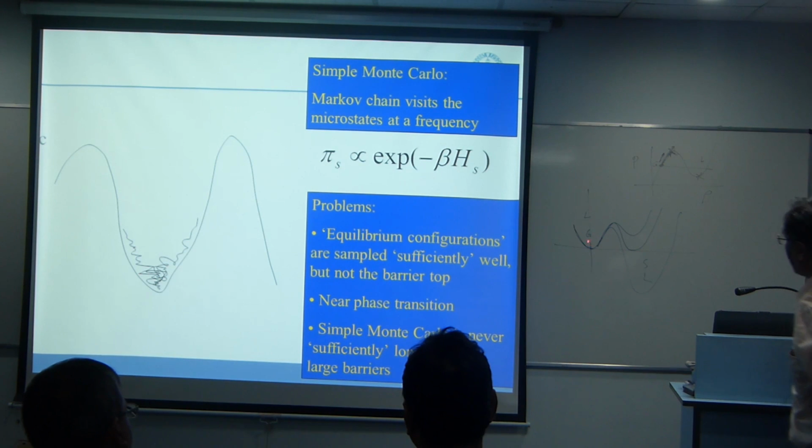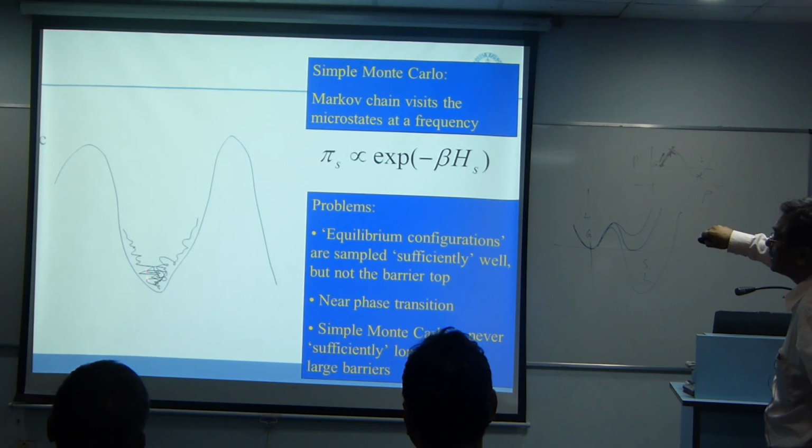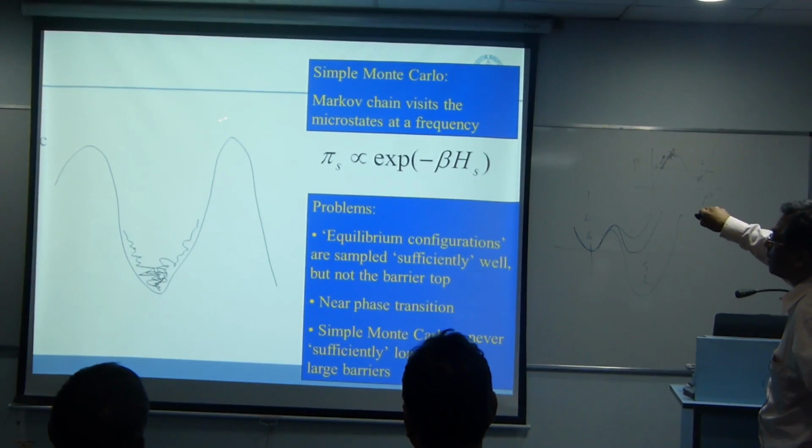Your system is stuck here, and there's a large nucleation barrier. So when you try to do a simulation, your system stays here. It does not go here. So you don't get the rate. But to get the rate, you have to sample configurations here. That could not be done.